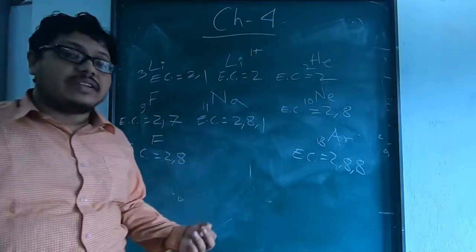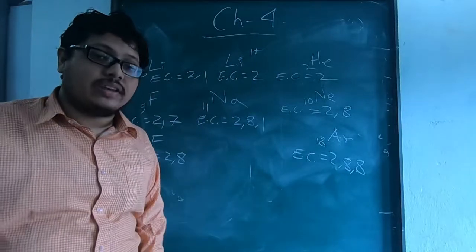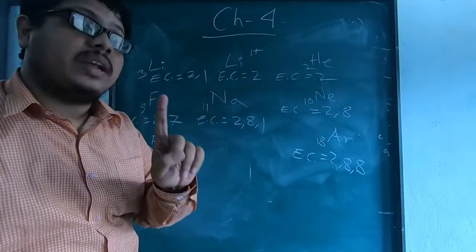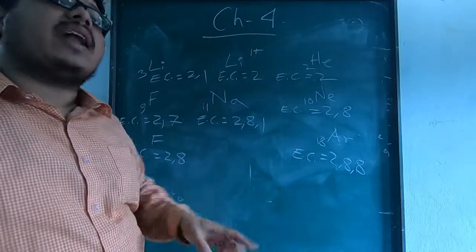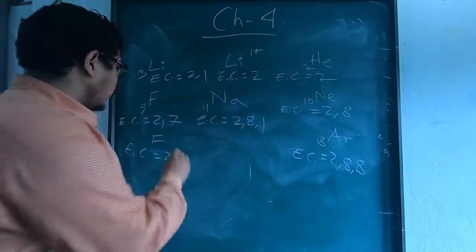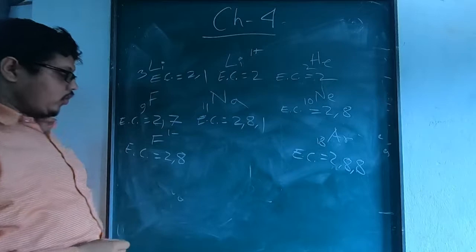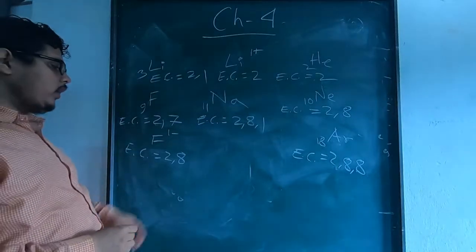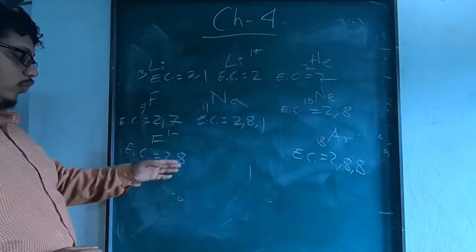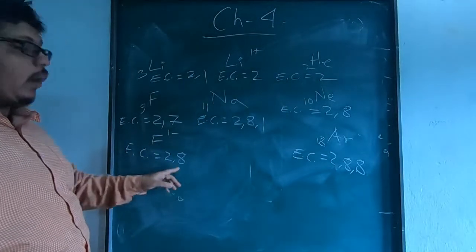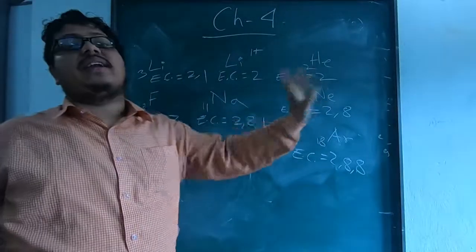One more electron increased. Since electron increased, the negative electron, remember, is negative, and only 1 increased, there will be a -1, or simply we can write minus. Electron increased, so it became -1, and now it is stable 2, 8, just like neon.